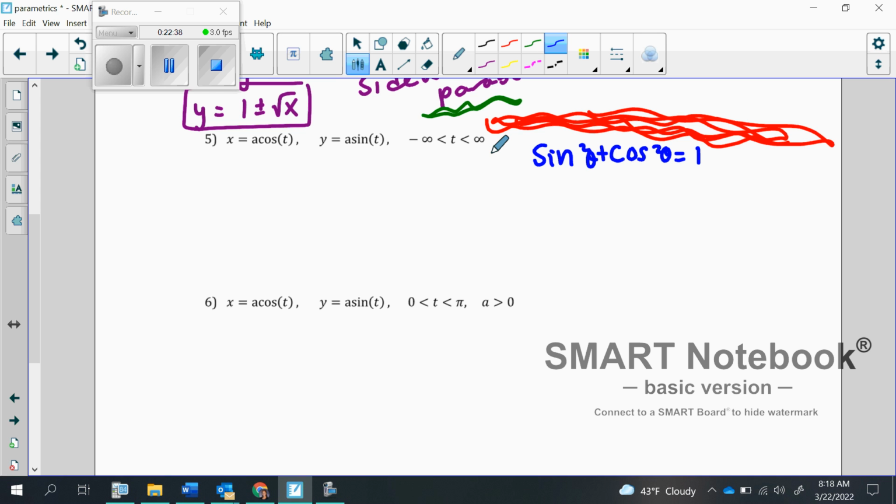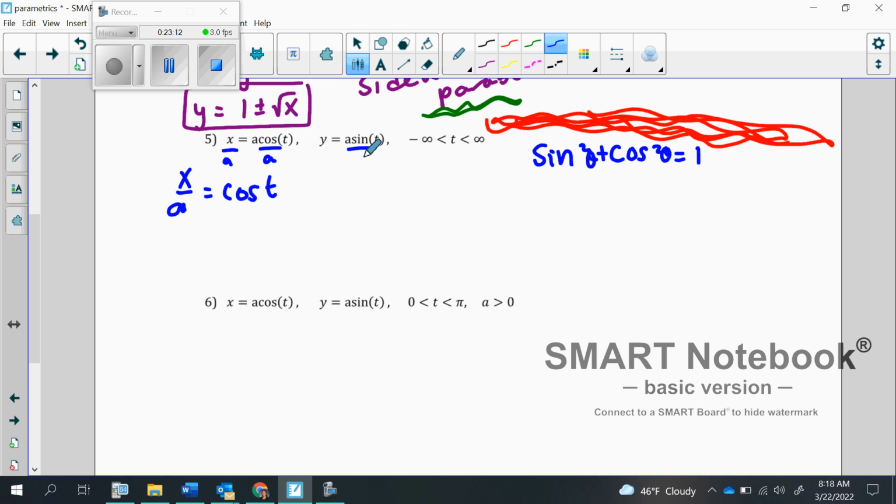So we want an equation. We know that x equals a cosine of t and y equals a sine of t. Rather than dividing, and there's no way to really divide out by t here or taking the inverse, anything crazy like that, let's apply this identity. So let's think about it this way. If I were to get cosine of t alone, if I divide both sides by a, I would get x over a equals cosine of t.